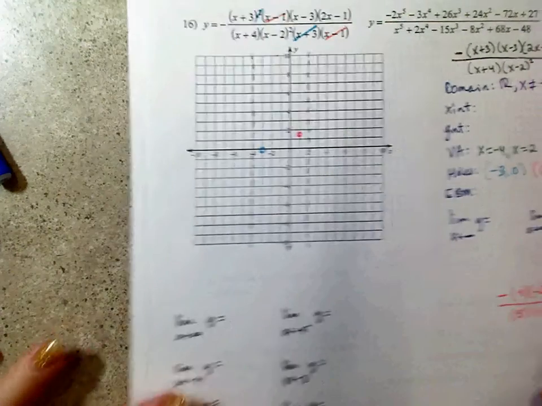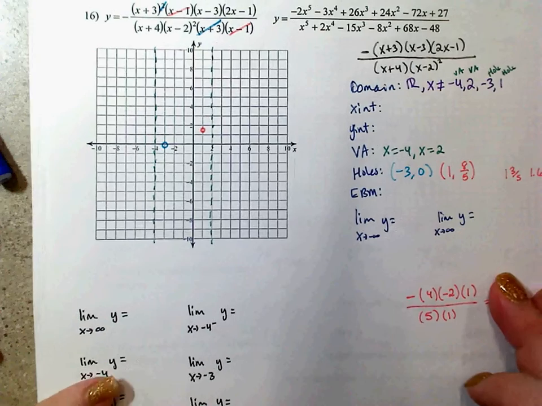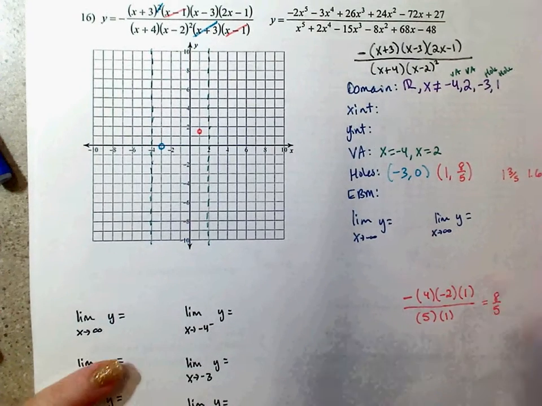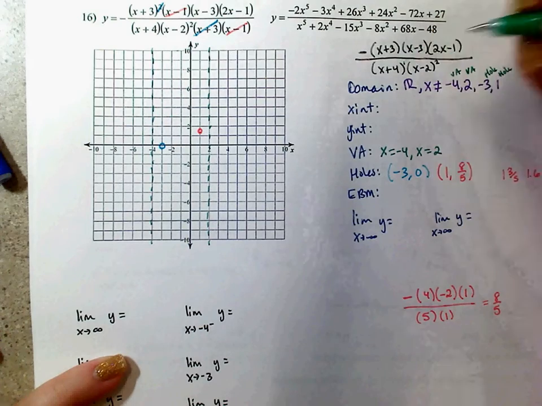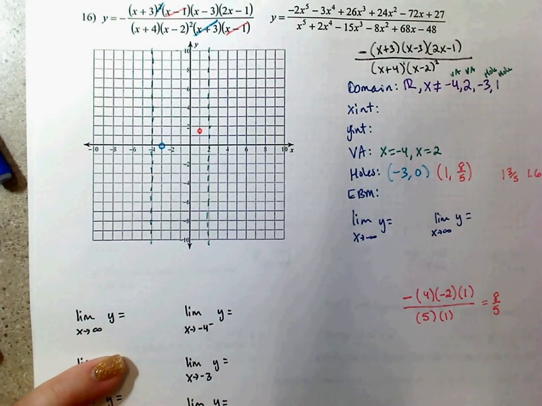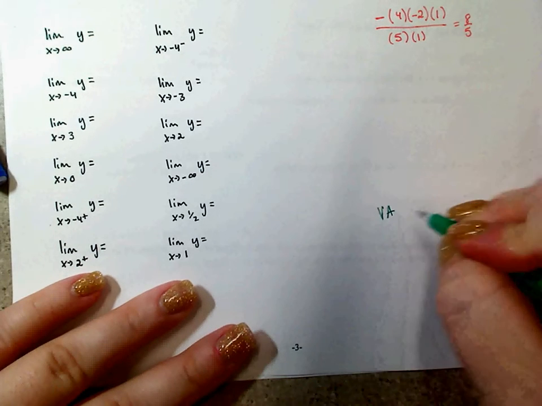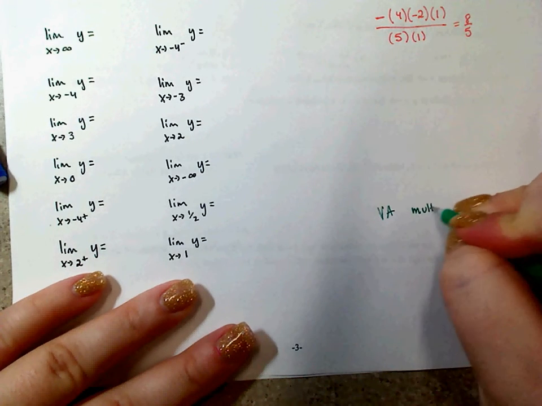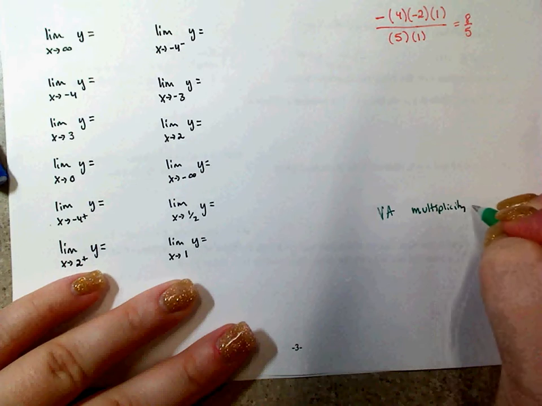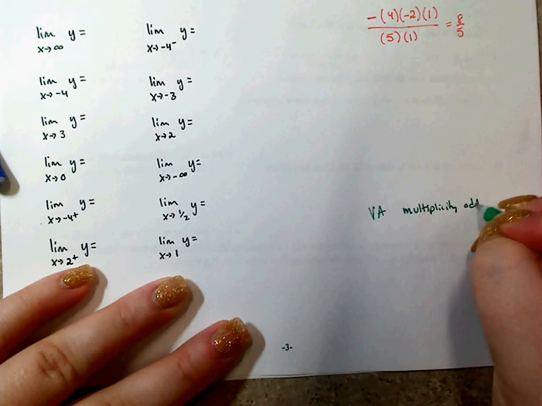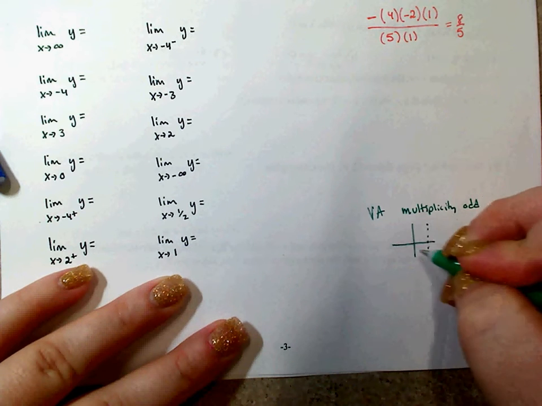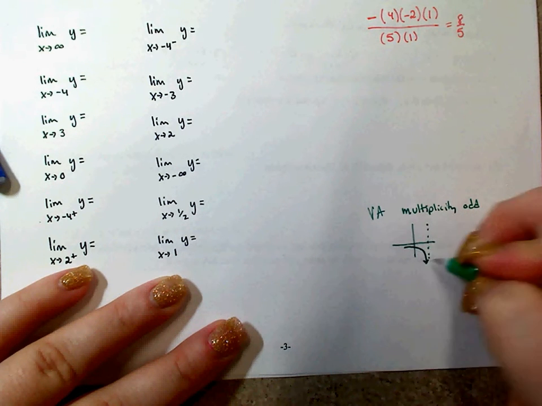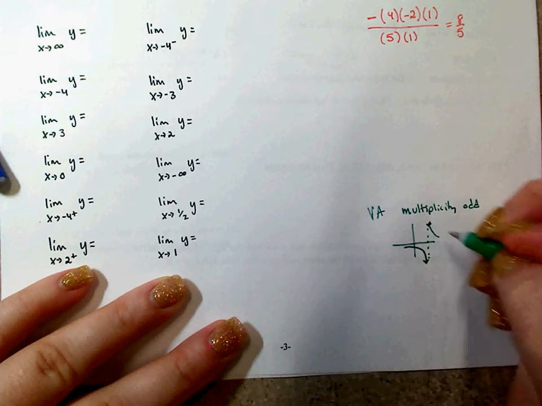Now let's talk about these vertical asymptotes because they're a little bit different. X plus 4 has a multiplicity of 1, and a quick little thing: if I have a vertical asymptote and the multiplicity is odd, that means at the vertical asymptote, if the function goes down on this side, it has to go up on this side, or come from infinity.